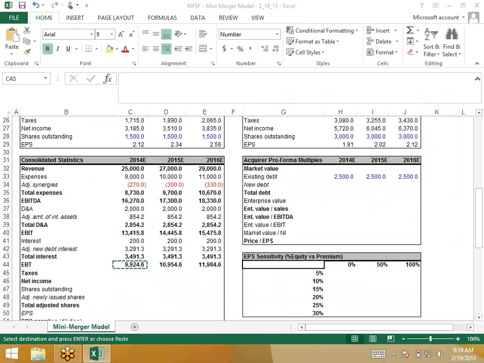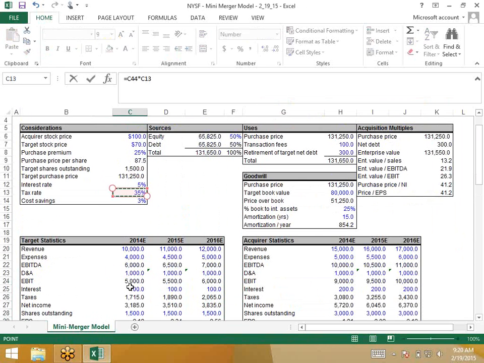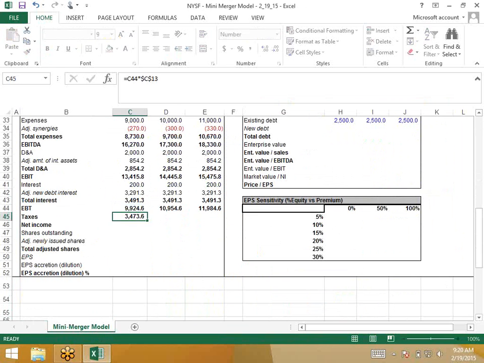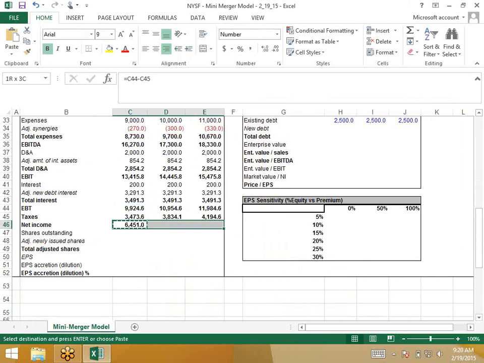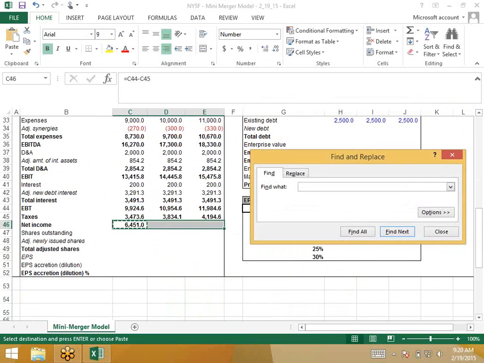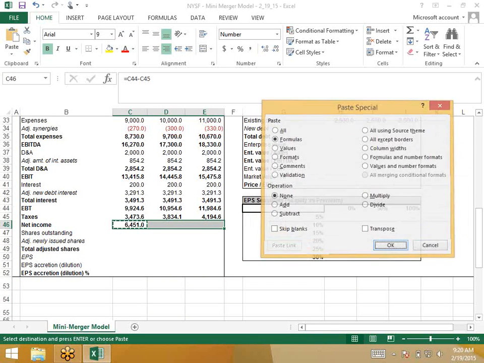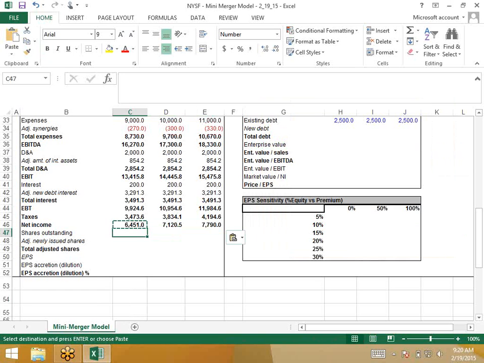So we can now calculate taxes, of course, which is EBT times the proposed tax rate from the considerations box that you can anchor so that we can copy this to the right. And net income is EBT minus tax. And we'll divide that net income by the shares outstanding to get the earnings per share.